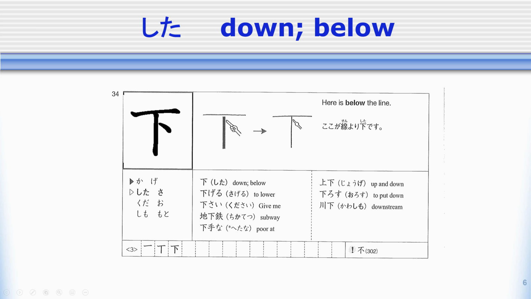And our last stroke, be careful, it starts a little bit way down the second stroke. So it doesn't start at the place where the first and second stroke meet. It starts a little bit further down. Ichi, ni, san. So this is shita.